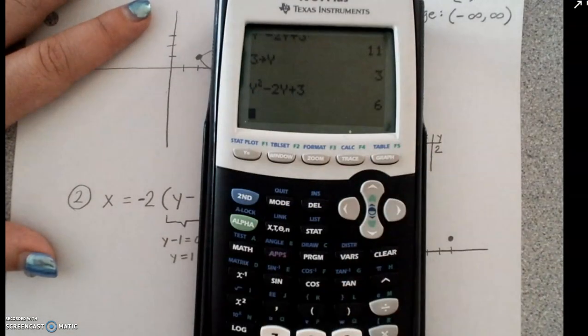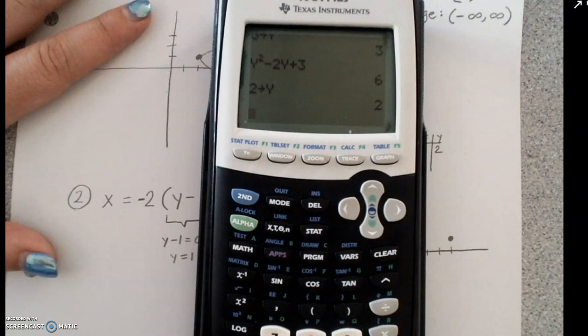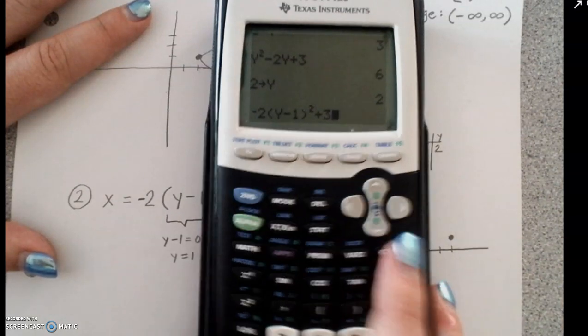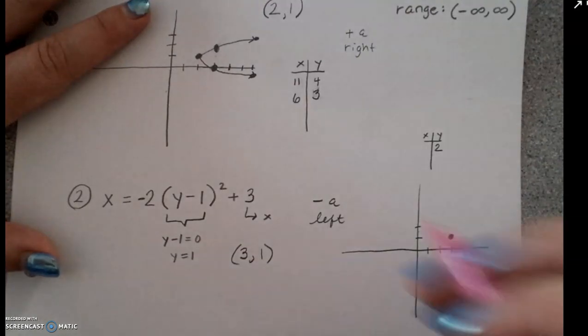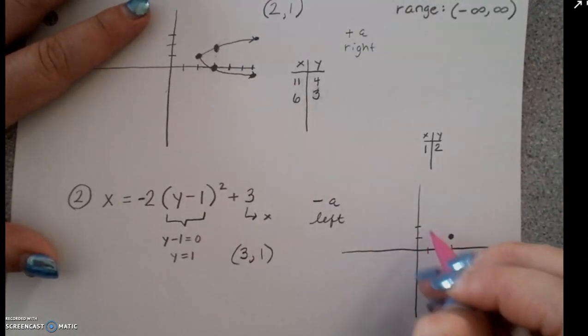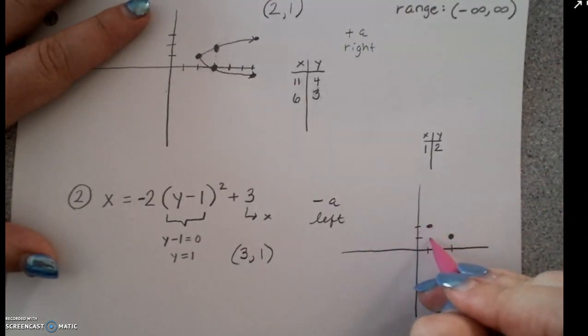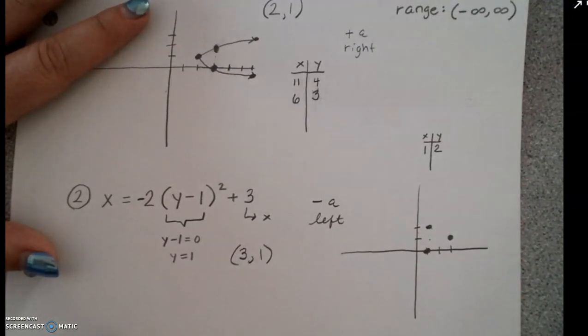So I would say 2 stored for y. My equation is negative 2 y minus 1 squared plus 3. And it pops out a 1 for my x value. So I have a point at 1, 2, which means symmetrically I have a point at 1, 0 as well. Just like that. Now how can I check that?